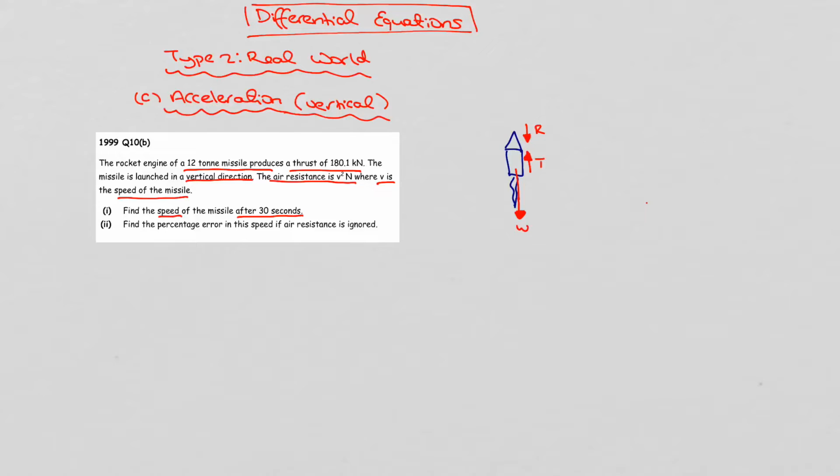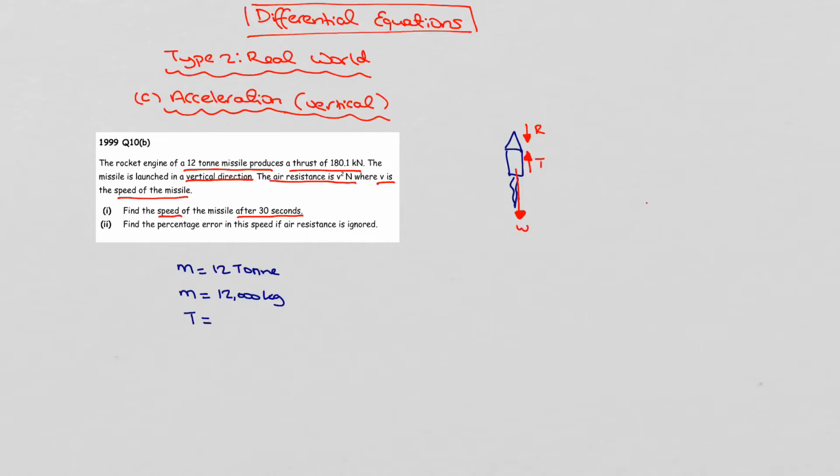So if we look at the values given to us in the question, we have a mass of 12 tons. Now what is a ton? In the old maths tables years ago they used to give you that. But you need to know that 1 ton is 1,000 kilograms, so 12 tons is 12,000 kilograms. We're also given the thrust of the engines.